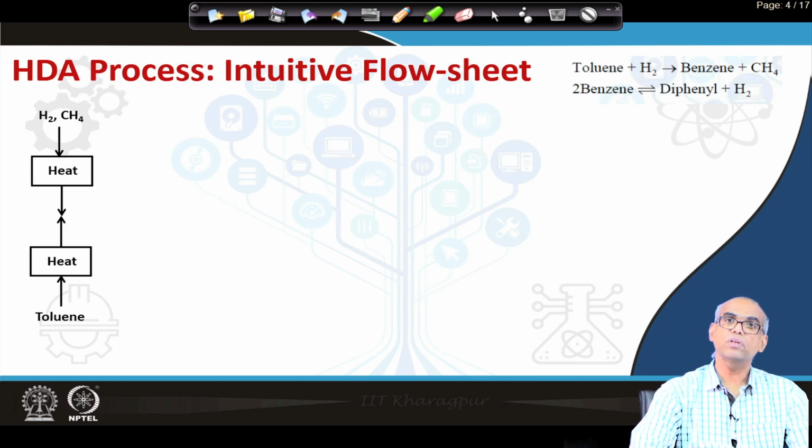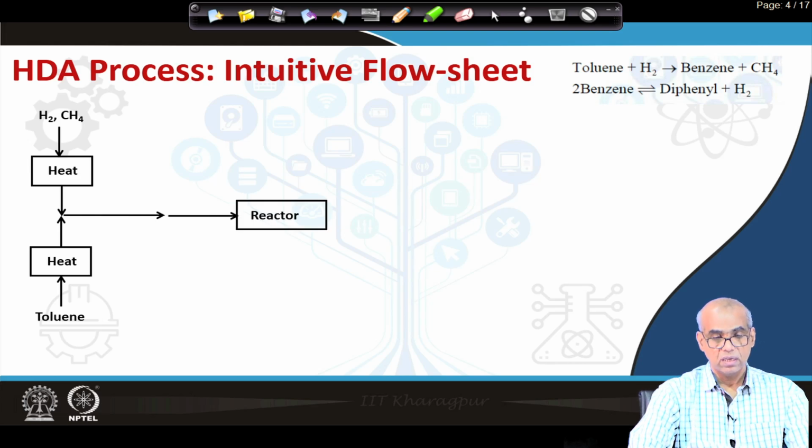Now, the flow sheet that we developed was: hydrogen and methane are heated up, also toluene is heated up to vaporize and to raise temperature. They are mixed and fed to the reactor, where this hydrodealkylation reaction takes place.